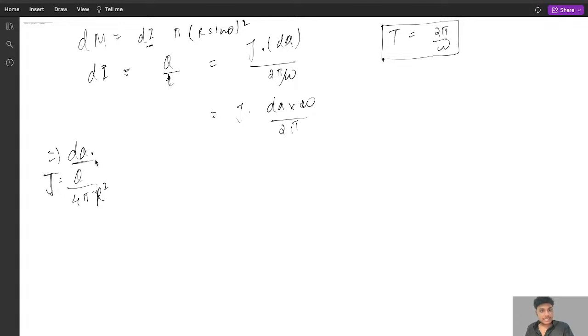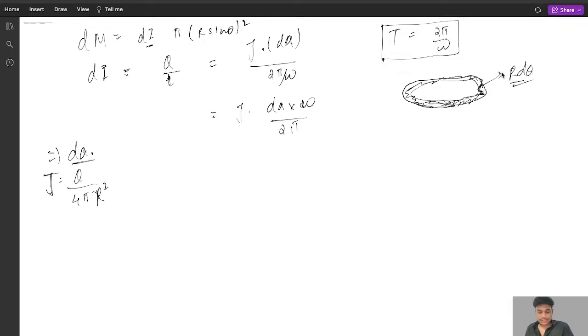Now we have to find the small area, that small ring. Sorry, let me draw it like that, okay. And what is this? We have to find only the surface area, that is r d theta.